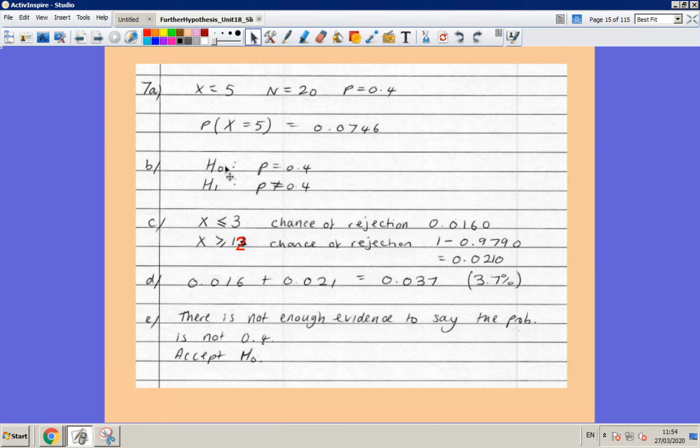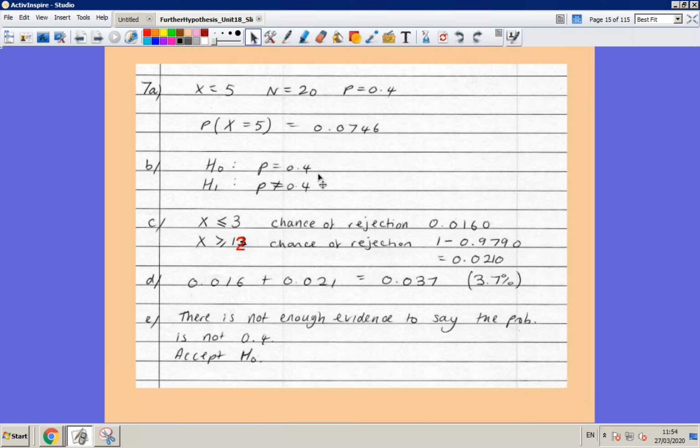The null hypothesis, H0, is the status quo option. So it is that the probability of getting a 6 is 0.4. That's what we assumed at the start of the question for our binomial distribution, so that's our null hypothesis, that the probability of 0.4 is correct.